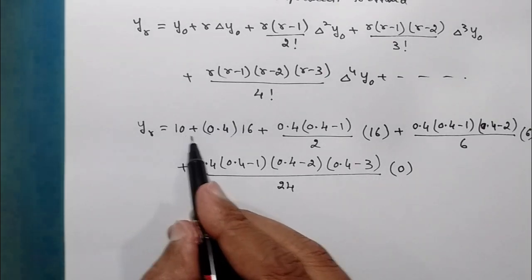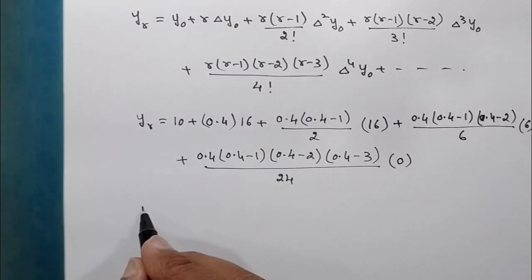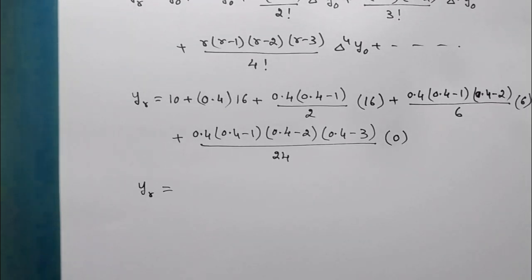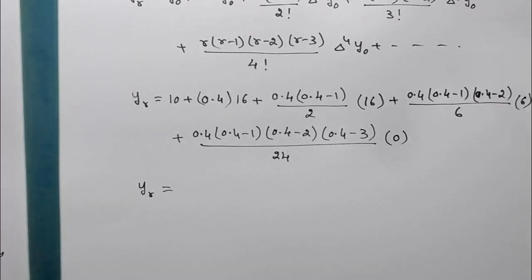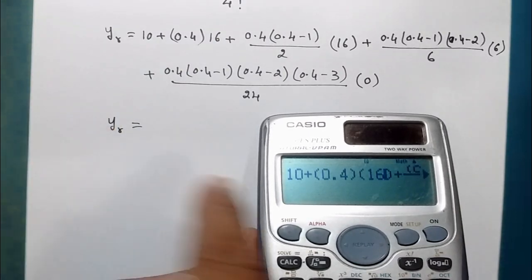So you have to just evaluate this value over here. So let's try to evaluate that value. So y_r will be equals to, you can just use the calculator and evaluate this value. I have typed all the values over here in the calculator.